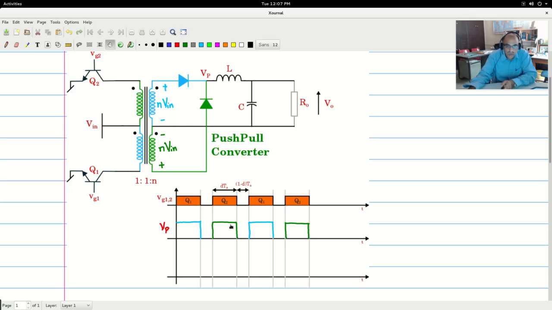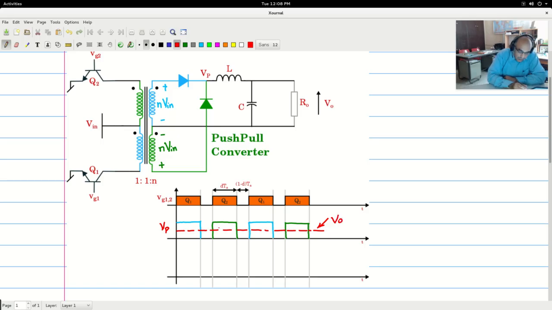So now what would be V0? V0 would be the average value of this. So let me now draw the average value. So average value of Vp will be V0.